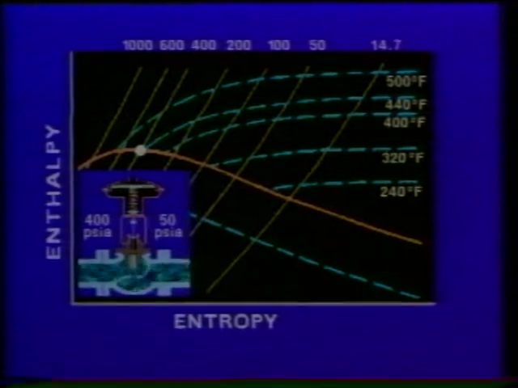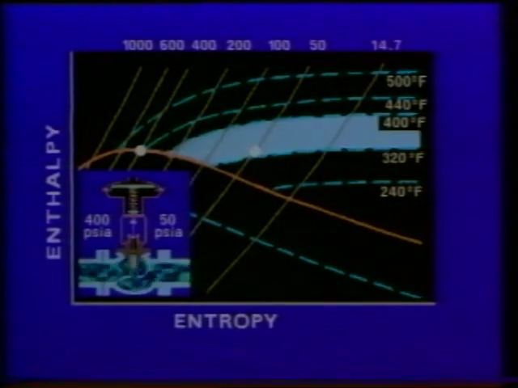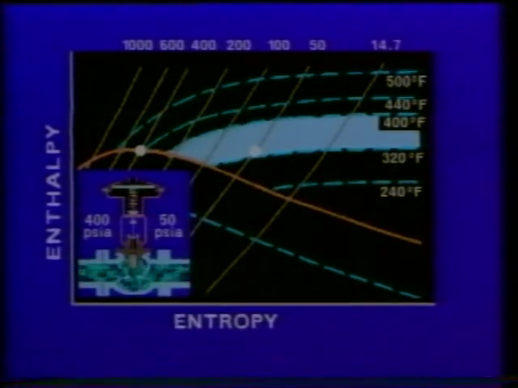Steam at the valve outlet has the same enthalpy as at the inlet, but its pressure is only 50 psia. So this point represents conditions at the valve outlet. Notice that temperature has dropped to about 340 degrees. Most fluids undergo a temperature drop when throttled, although many result in much lower temperatures.